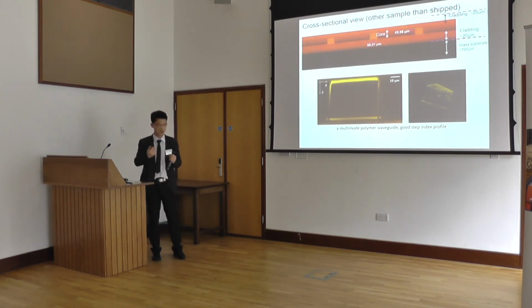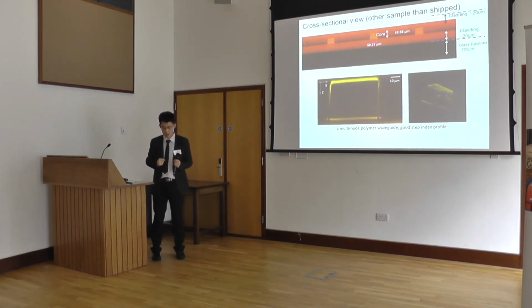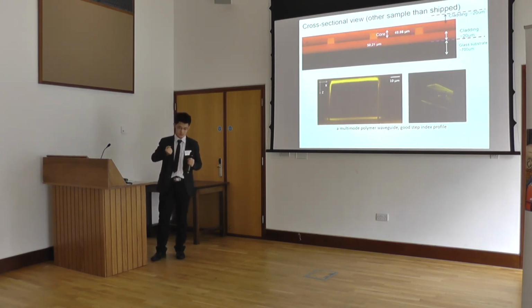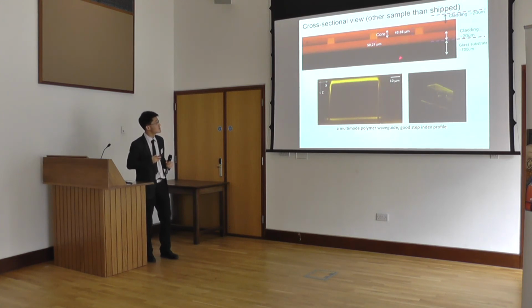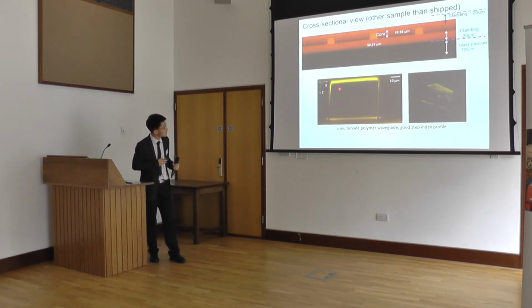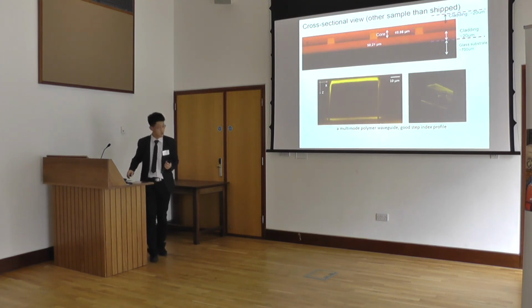But polymer is soft, so this group has made some prototypes that you can wear. This is the image supplied by them. But after our three-dimensional imaging, we have this region of structure which has never been seen before.